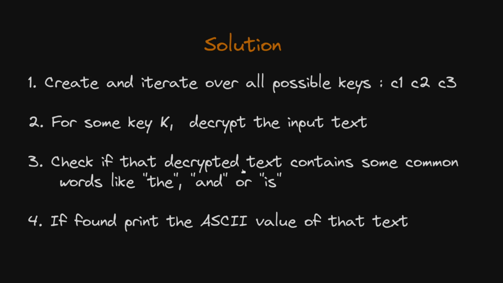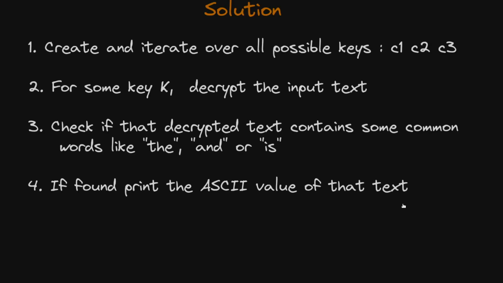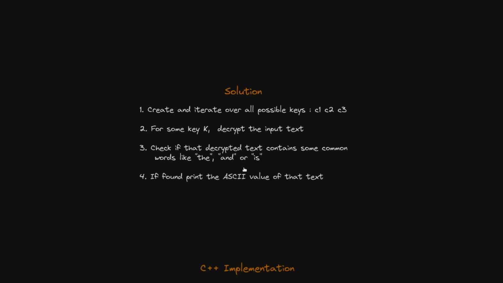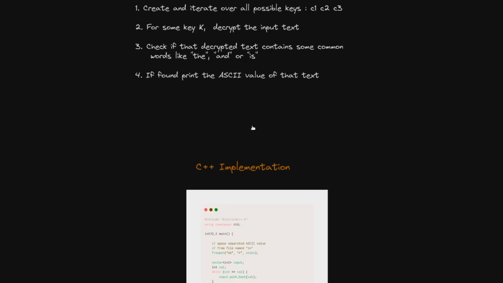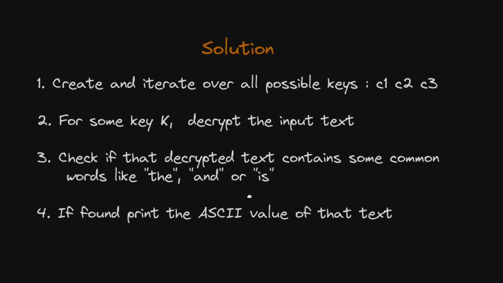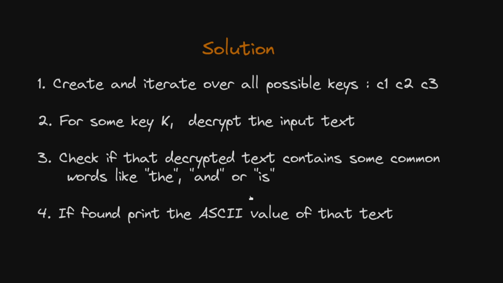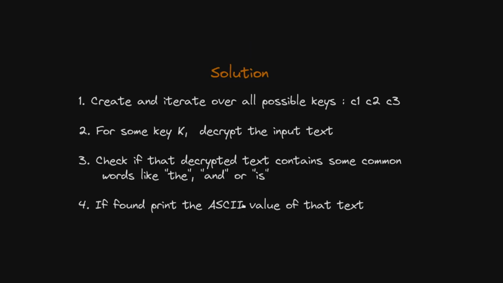After that, we check whether the decrypted text contains some common words like the, and, or, is, and if found, we can simply print the ASCII value of that text. It was a fairly easy approach, and this is a fairly simple question, so I am going through this quickly.